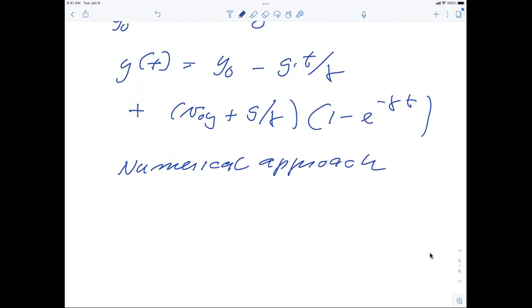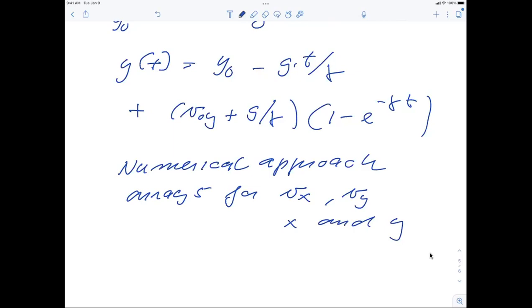So if we do the numerical approach, what we could do now is to define arrays for vx, vy, x, and y. So we would then define 4 arrays. There's nothing which hinders you from doing that. And normally, what I recommend when you're writing your first program for these things, do it like that. It's going to give you a longer code, but it's more transparent.